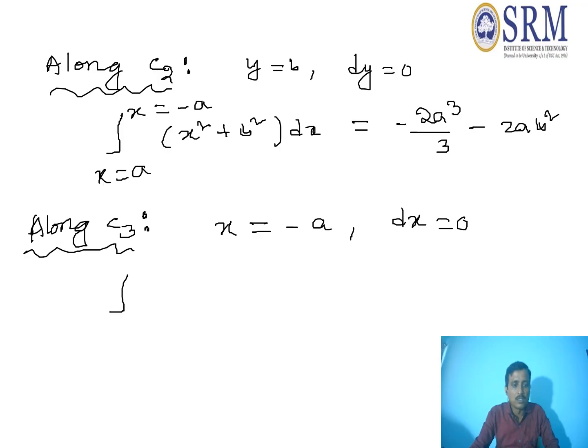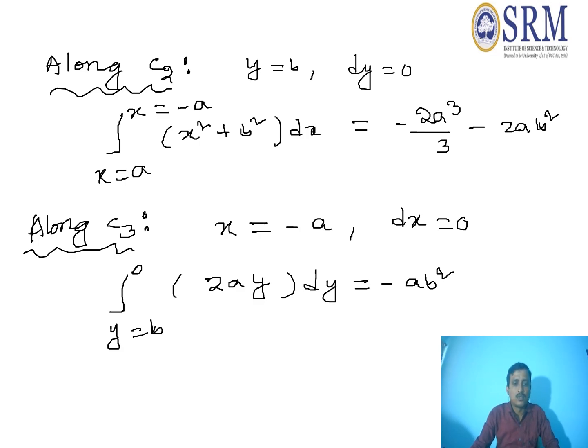So then y is actually starting from b to 0, along C3. B to 0, substituting these things in that dot product you will get 2ay dy. So that means we are getting minus ab square for this integration. Clear?